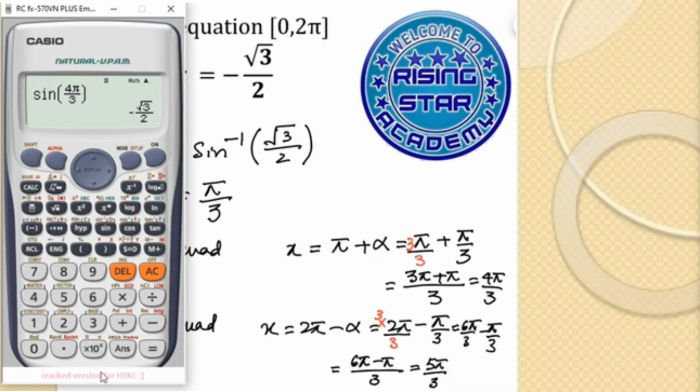The answer is verified. We'll check the next. Sine 5 shift pi over 3, bracket close. Yes, so it shows that our answers are correct.